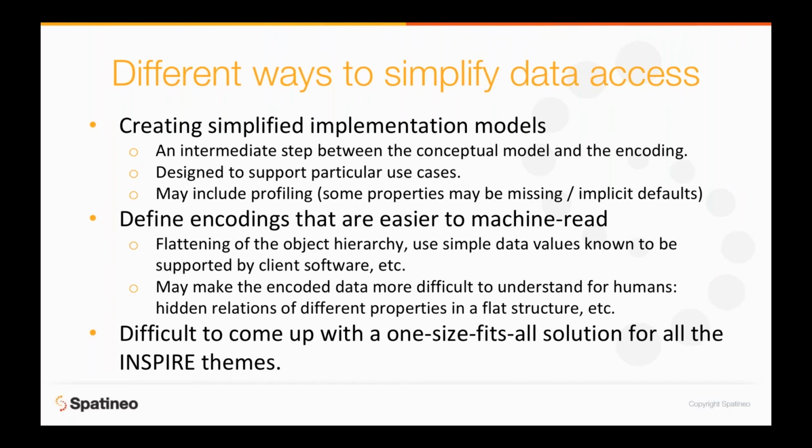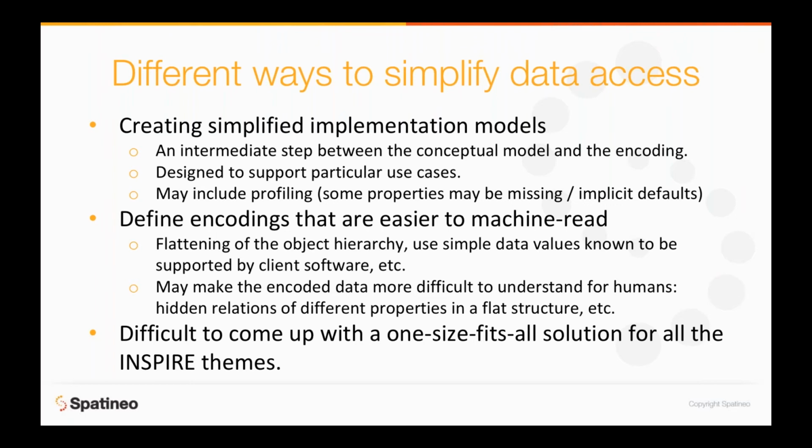And one way of doing that is mechanically flattening the object hierarchy, using simple data values known already to be supported, so character strings, simple date times, numbers, and not having these deeply nested structures there. Then, of course, if you want to apply these, you need to verify that they actually make the data ingestion easier.